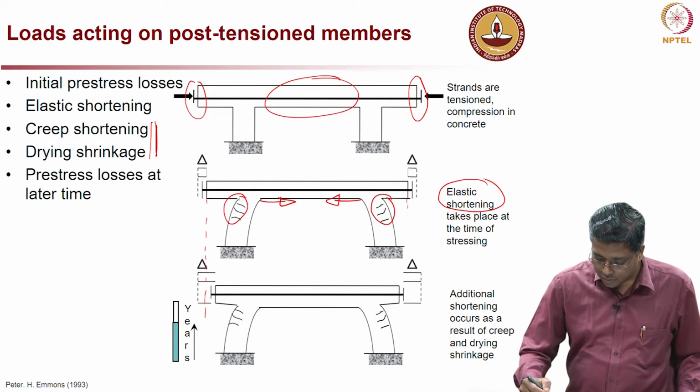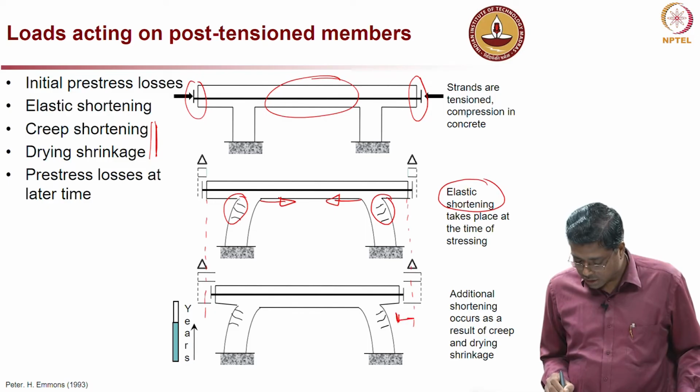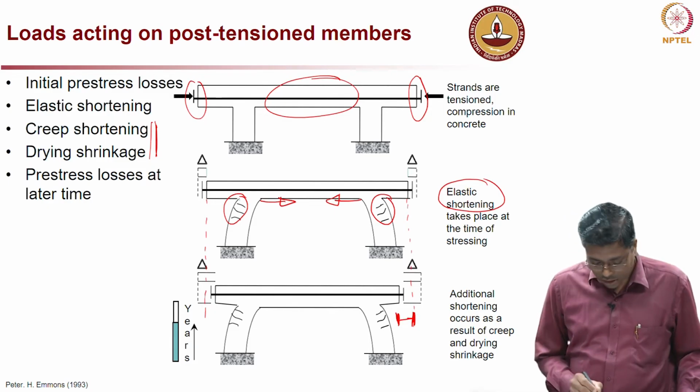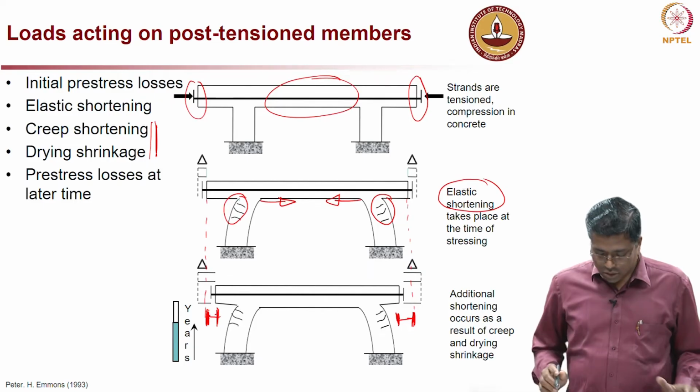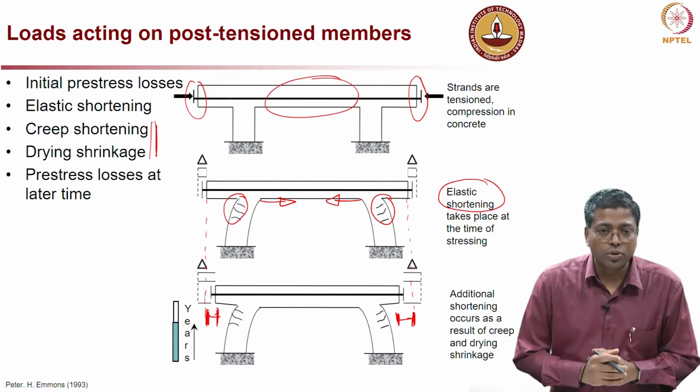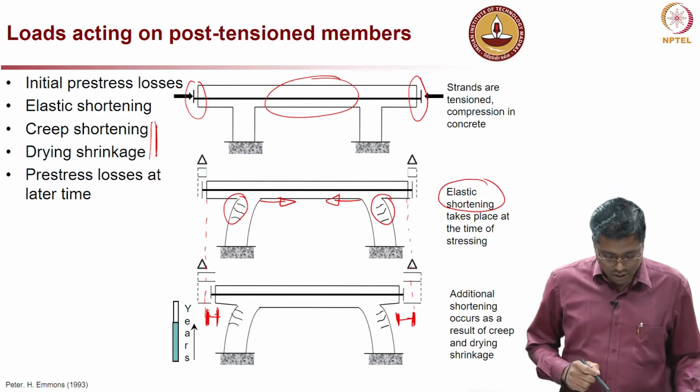So, this much is the extra shortening which happened, and here also this much is the extra shortening which happened. So, this is additional shortening due to the long term effects such as creep and drying shrinkage.